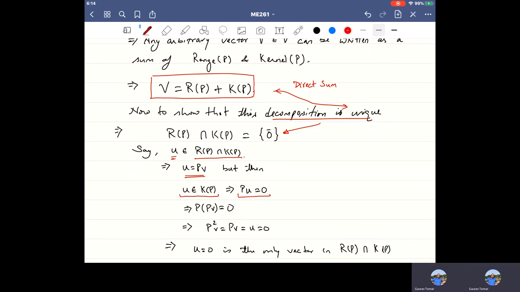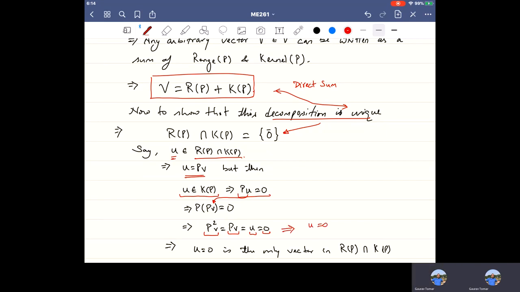Now we substitute u in terms of v, so we'll get P of Pv equal to zero, which would mean that P square v is P times v, which is the same as u, and is zero, which implies that u will be 0.